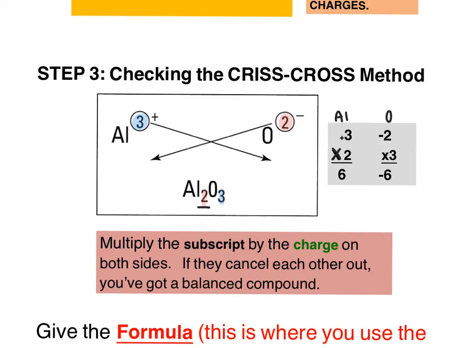And my oxygen is naturally a negative 2. When I cross that over, I end with 3, so 3 times 2 is 6. Do these equal? In this case, they do. So that's a really good way to check yourself, because remember, we want that net charge to be 0.